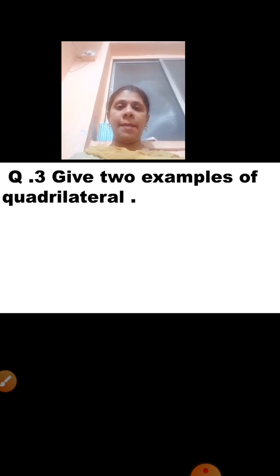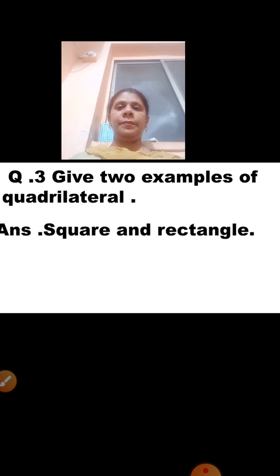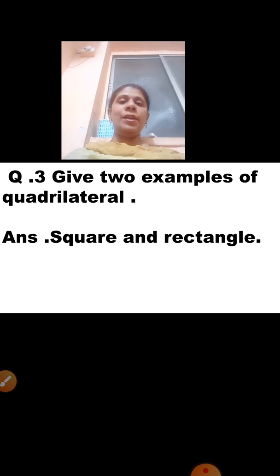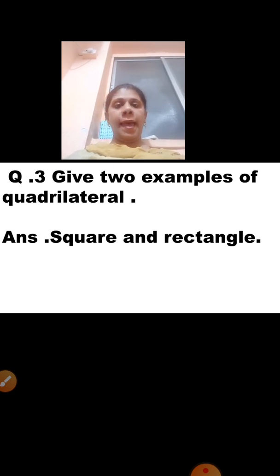So what are the 2 examples of quadrilateral? Yes, square and rectangle. What are the 2 examples of quadrilateral? Square and rectangle. Correct?